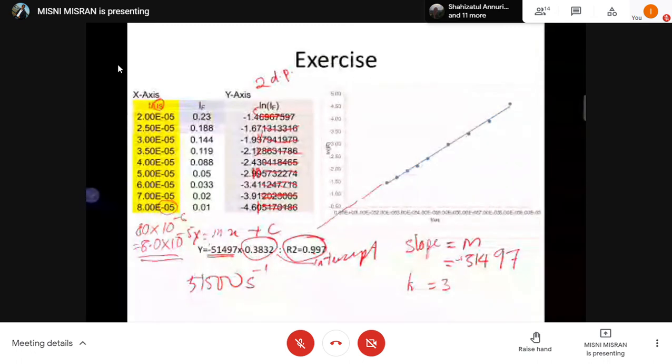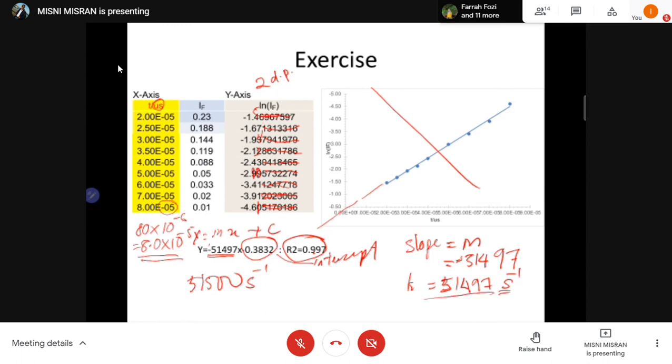Sorry, it's positive, because of the slope. If it is like this, then it's negative. 51497 per second. Got that?